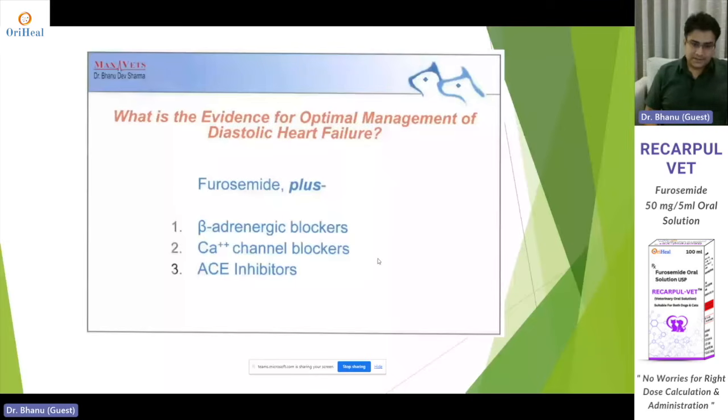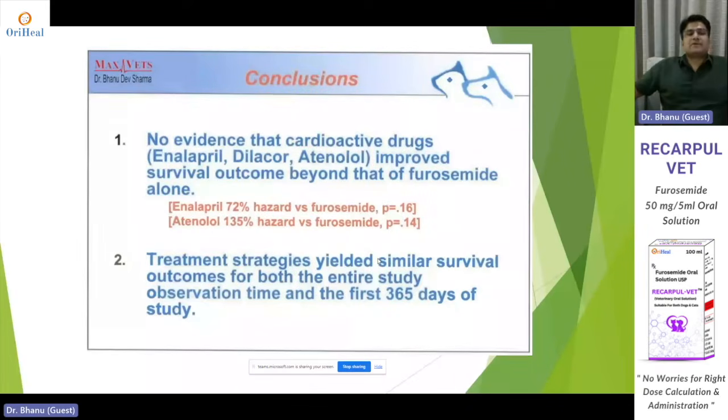These are some of the other studies, and in these, it was concluded that there is no evidence that cardioactive drugs, be it enalapril or atenolol, improve the survival outcome beyond that of furosemide alone. So here furosemide alone was good enough.